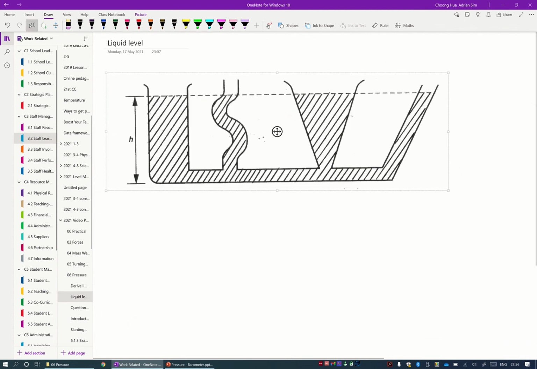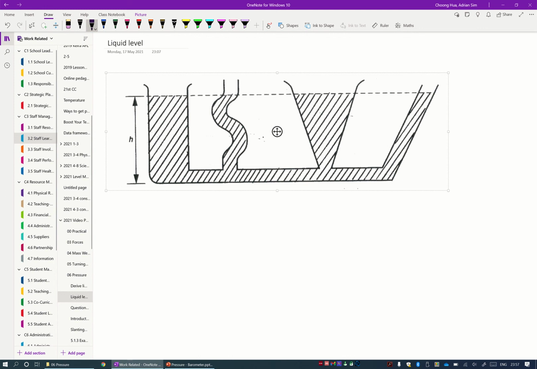So next, we are going to discuss how this actually works. Now, over here, the diagram you have shown, what you have is different tubes of different shapes and sizes. They're connected to the same base, so the pressure in the liquid at the same vertical height will always be the same.